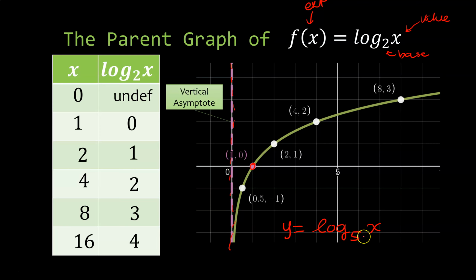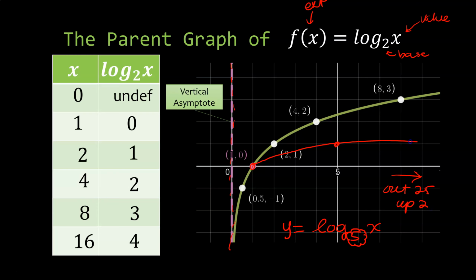How does it move? By the base 5. So we're talking about base 5 now, so the next nice point would be out 5 up 1. And then the next nice point over would have to be out 25 up 2. And that's how it works for log base 5.